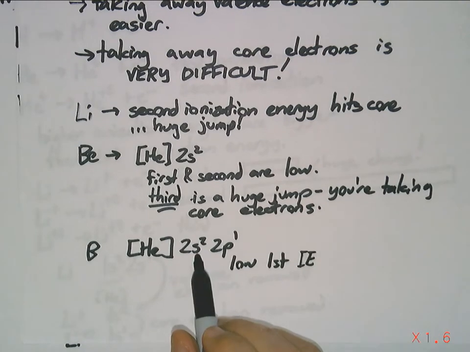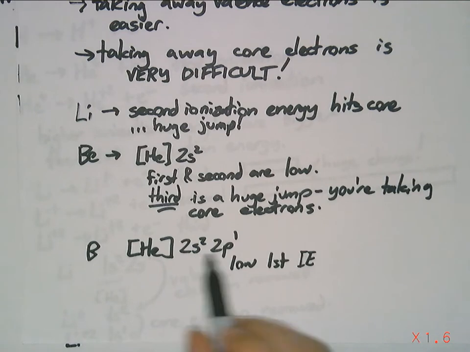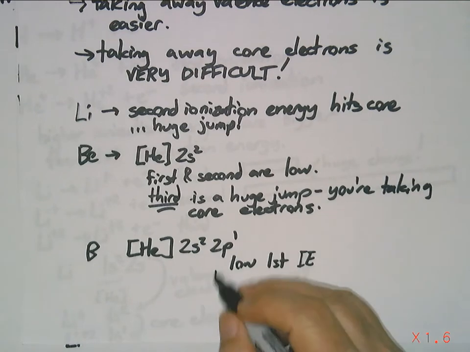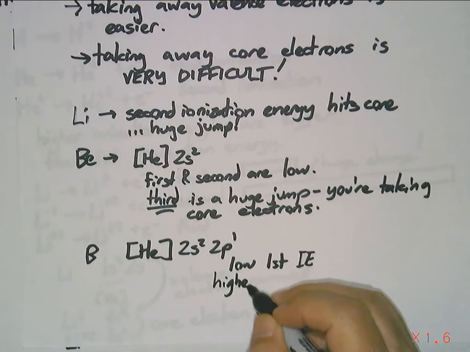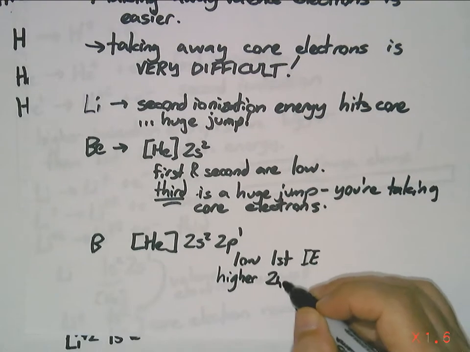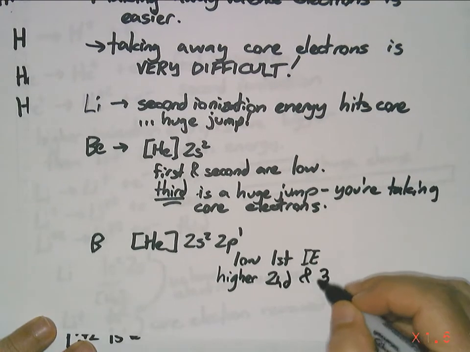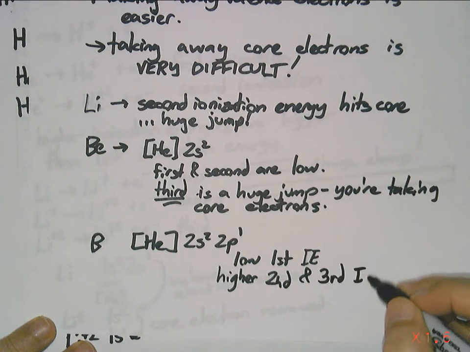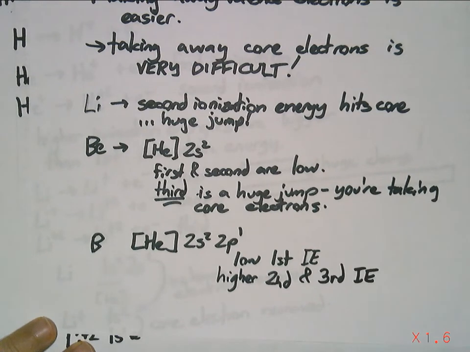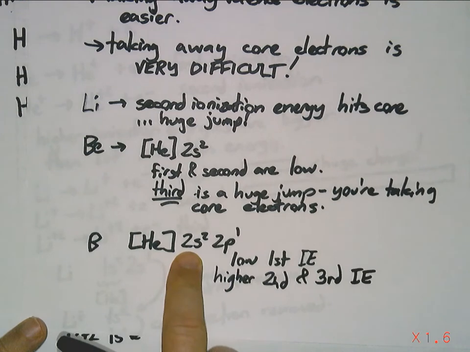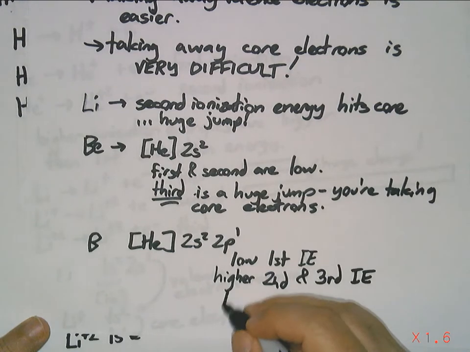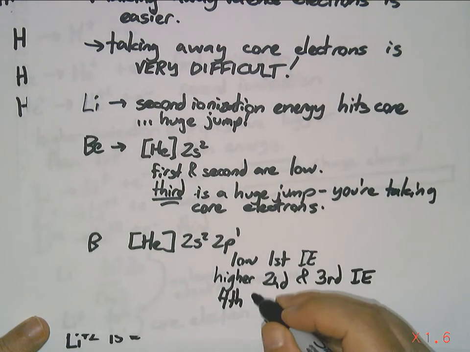Then these should be not too hard either. They're going to be a little more difficult than this, because you're taking them out of a lower energy subshell. But when you hit the fourth IE, that's going to be just insane.